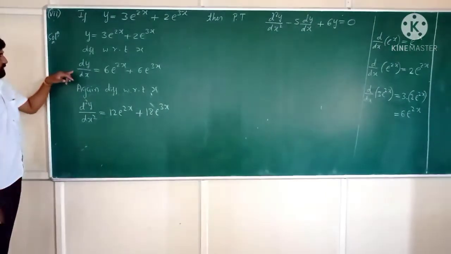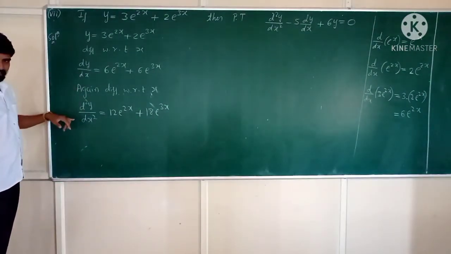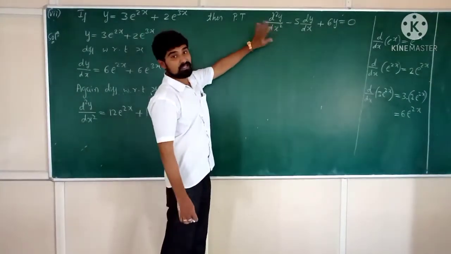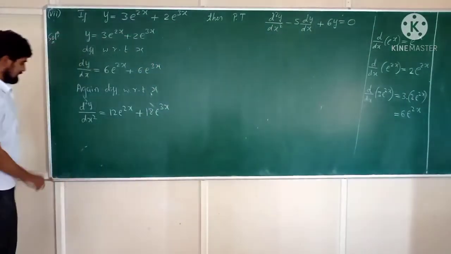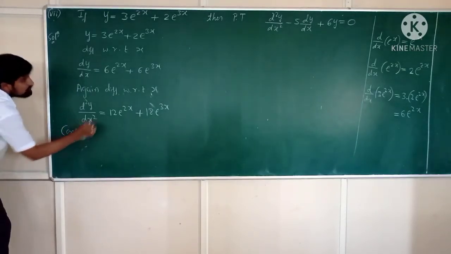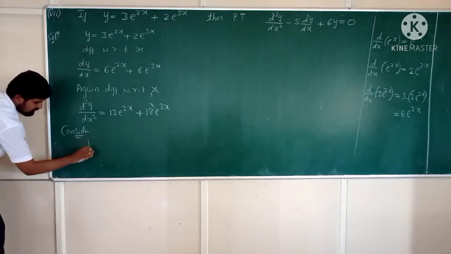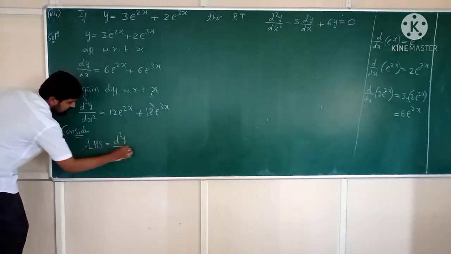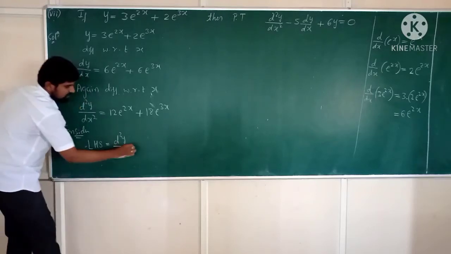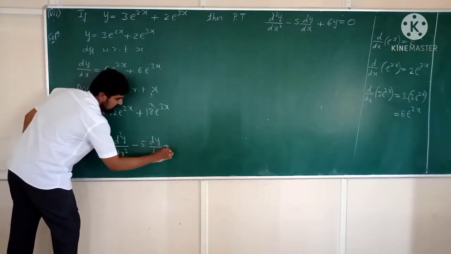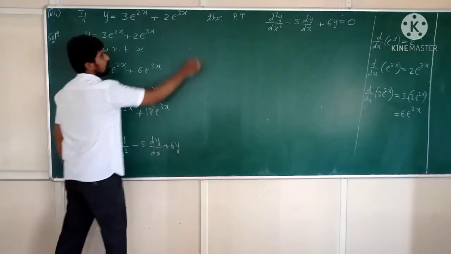Now substitute the values of dy/dx and d²y/dx² in the LHS of the given equation. LHS is equal to d²y/dx² minus 5 into dy/dx plus 6y.